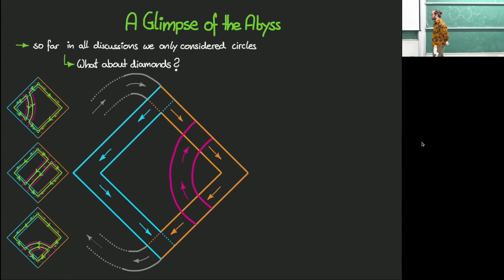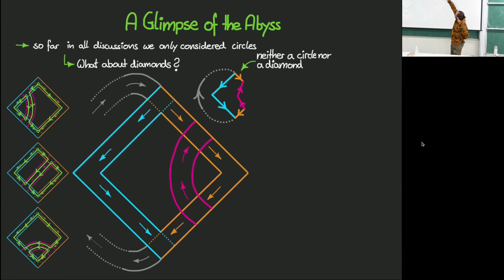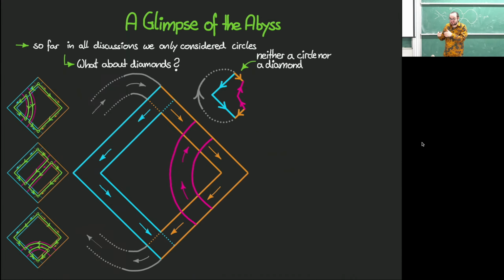There is a cycle here. But if you look at this structure a bit more carefully, the connectivity structure now is I have this path going here, then I have a path that enters here, and then this goes against, and then it leaves here. So I have these two vertices that are oriented in opposite directions. So this is neither a circle nor a diamond.